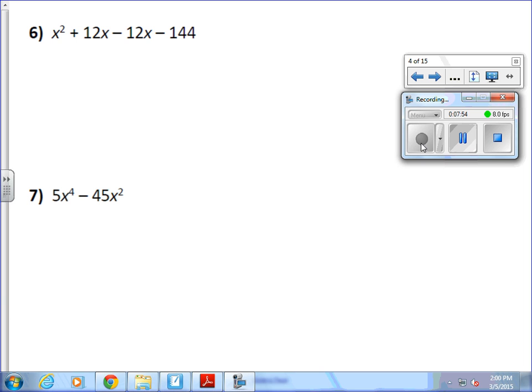Number 6, I look at this set of terms, I see that the middle two terms could cancel out. And so if they do cancel out, I can factor this two ways.